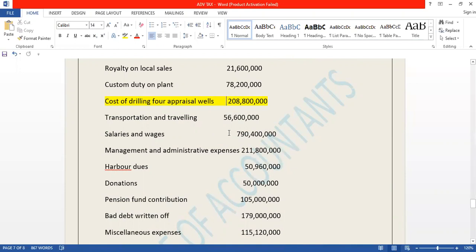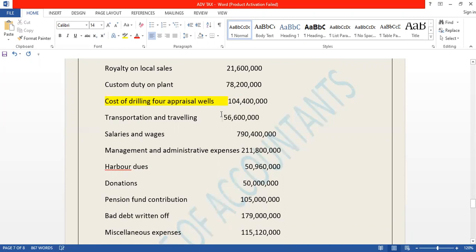Oh, sorry. We have 4 appraisal wells now. So 2 over 4 appraisal wells, then multiply by 208,800. That will be 104, right? Yes. So that's what we're supposed to do. Only 2 appraisal wells are allowed, not 4. So it will be 2 over 4 multiplied by this figure. So that will be 104,400,000. I believe that one is clear now.